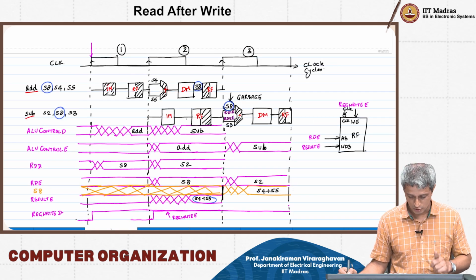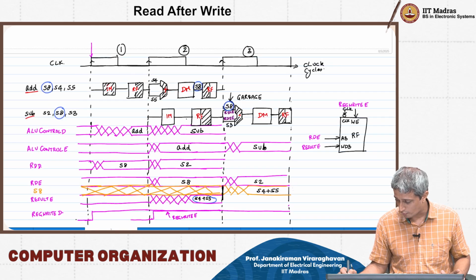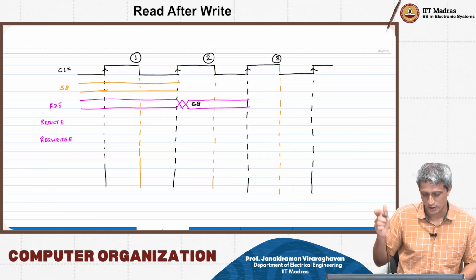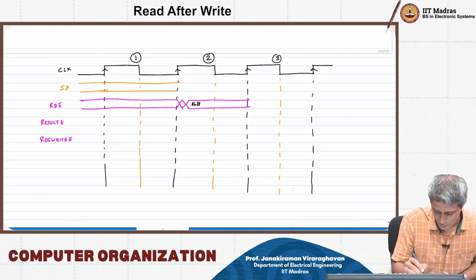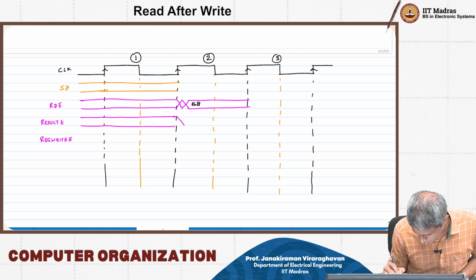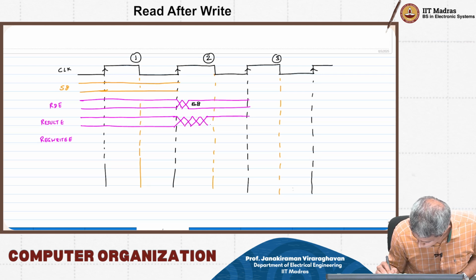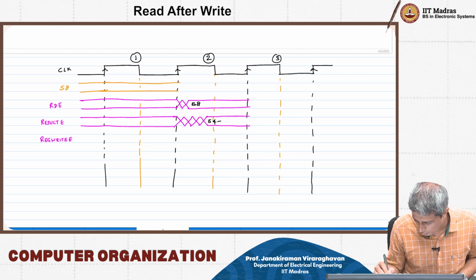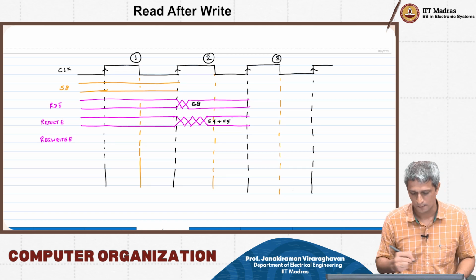It will take some time to evaluate S4 plus S5, because you have some huge delay, like 120 picoseconds, through the ALU. So this will take some time, and this will be S4 plus S5.